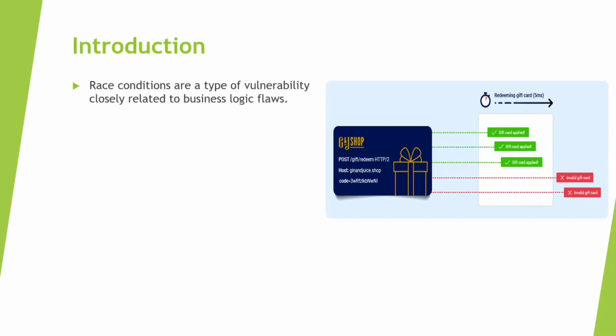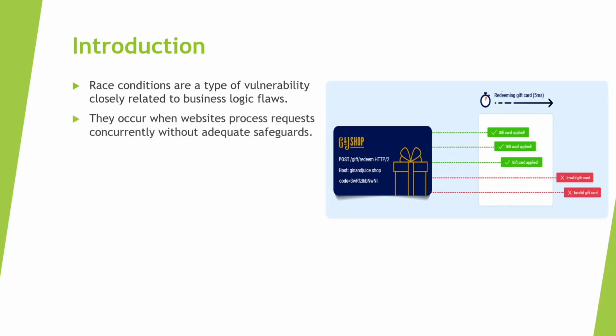Race conditions are basically a type of business logic flaw. When a web application is sent multiple requests concurrently, and the web application is not able to handle those requests properly, this vulnerability arises.